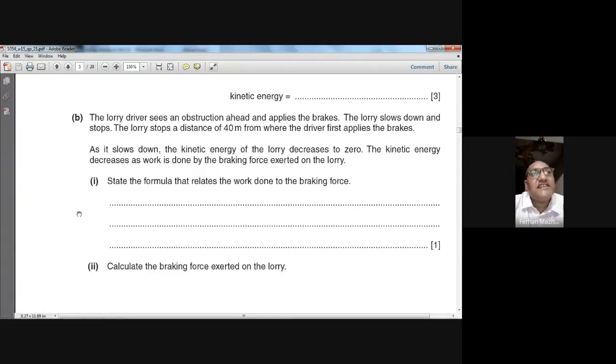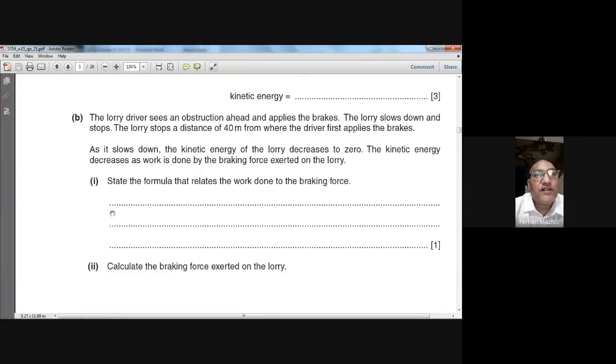The kinetic energy decreases as work is done by the braking force exerted on the lorry. State the formula that relates the work done to the braking force. So the work done by the braking force is equal to the braking force multiplied by the distance moved by the vehicle after the brakes are applied. So the formula is F multiplied by D.